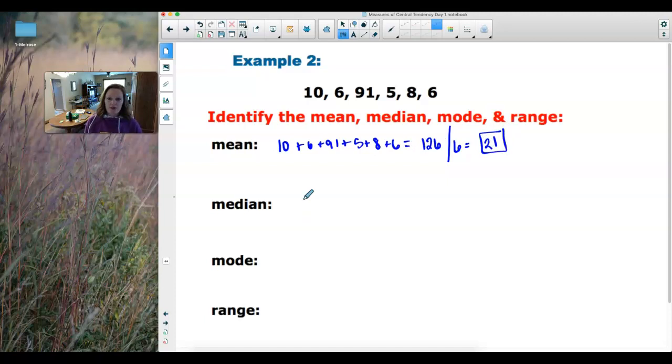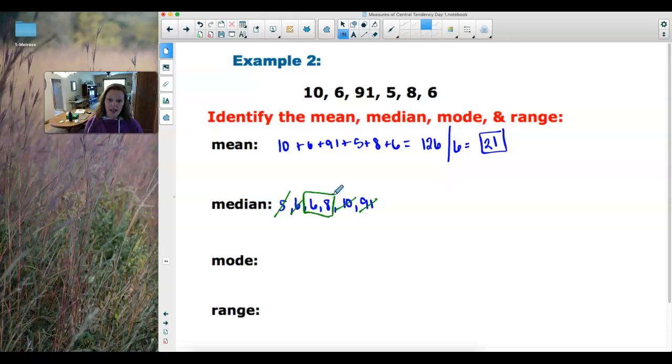Okay, the median, we have to put them in order from least to greatest. So we have 6, 6, oops, I forgot the 5 at the beginning. So 5, 6, 6, 8, 10, and then 91. And we work our way to the middle. And we actually have two numbers that are in the middle.